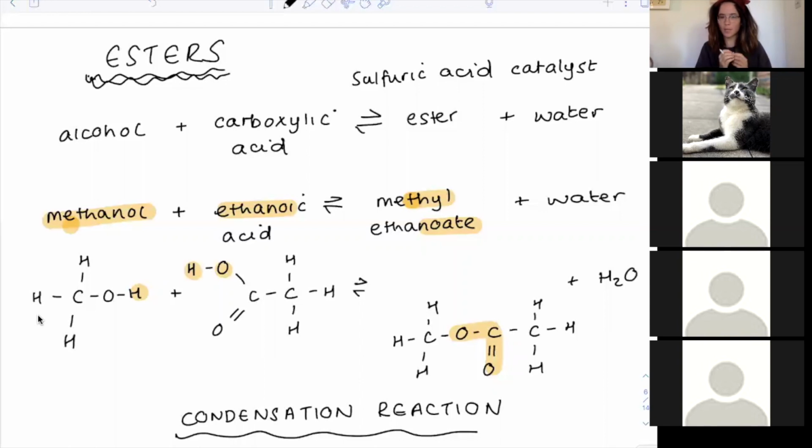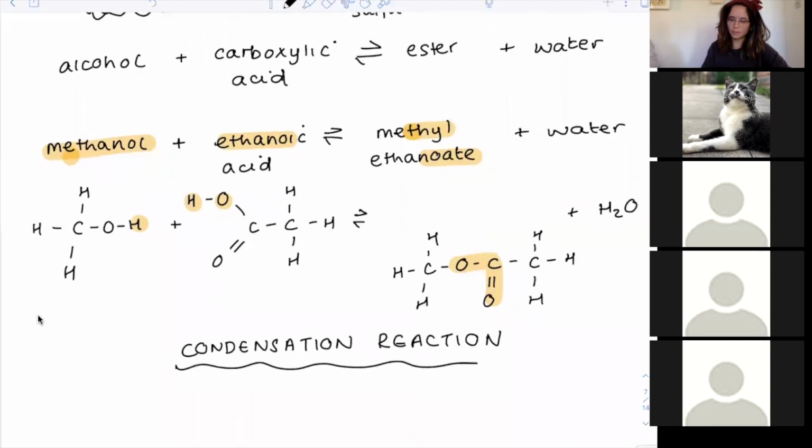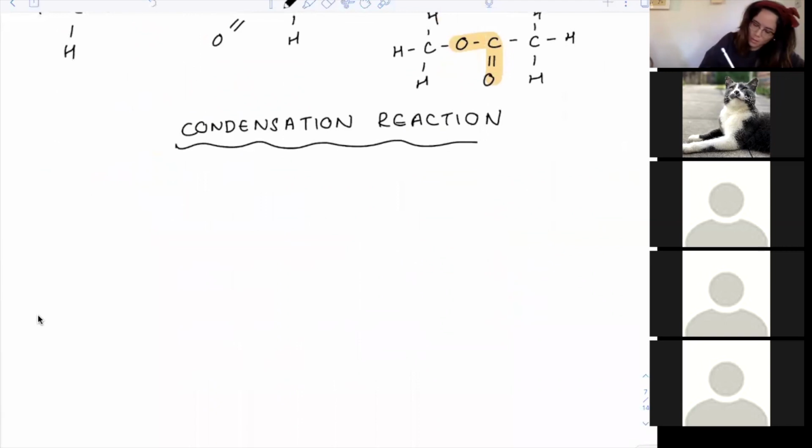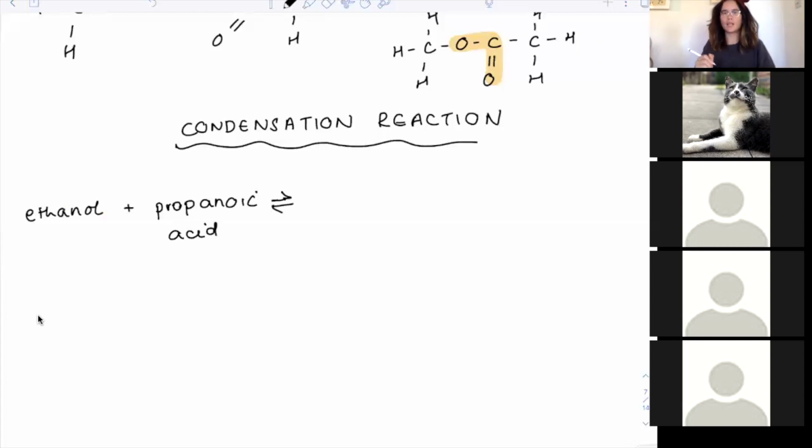Can you let me know when you're ready for me to go through a second example? Okay, I'm going to take you through a second example now, and then I'll let you guys have a go. In fact, I'm going to get you all to name the ester, just name it.